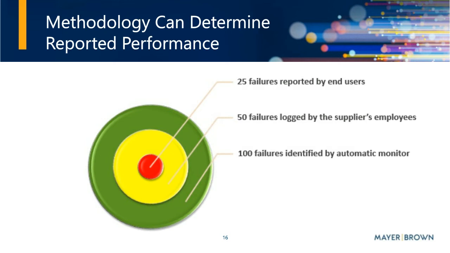Finally, the circle representing green is a measurement methodology that uses an automated monitoring system. This is likely to be the most accurate way of measurement. It is not subject to human error and does not require human judgment. If a tree falls in the woods but no end users report it, did the tree fall? And speaking of automated monitoring, Brad and Alan will present a more detailed discussion on the use of automated processes for service levels on the next slide.